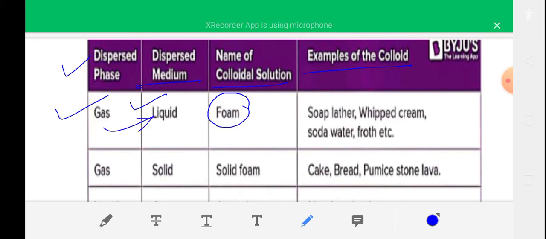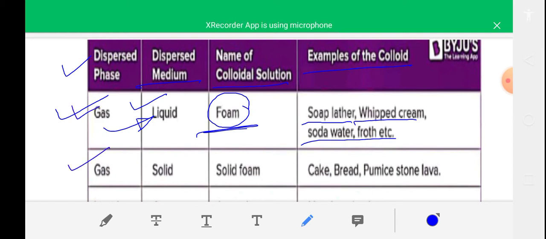Gas in liquid colloid is known as foam. Examples of such colloids: soap lather, whipped cream, soda water, froth, all these are examples of foams. Foam is a class of colloidal solution in which dispersed phase is gas and dispersion medium is liquid.